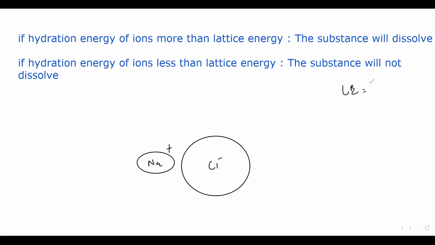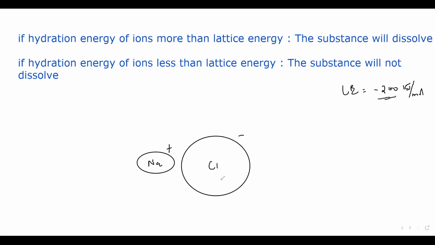When ions come closer to each other and form a compound, we call that lattice energy. For example, say the lattice energy was minus 200 kilojoules per mole. This is not an accurate value, I'm just using numbers. When the ions come closer to each other, this was the energy released.